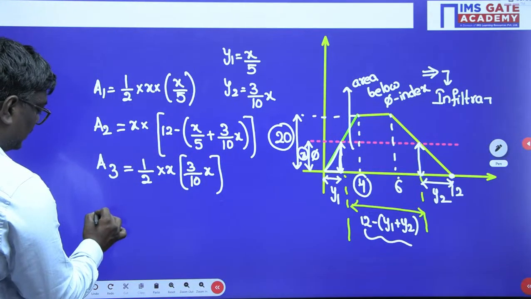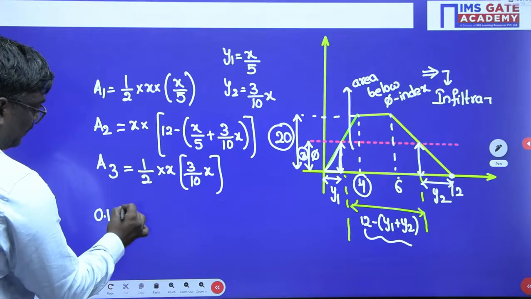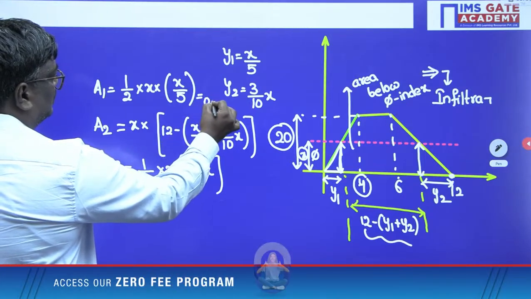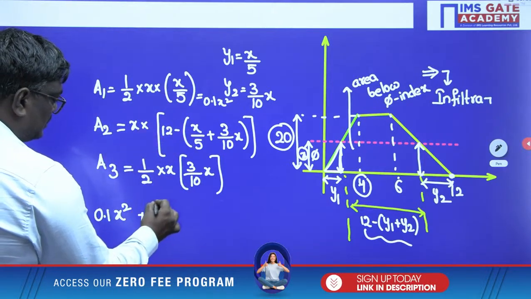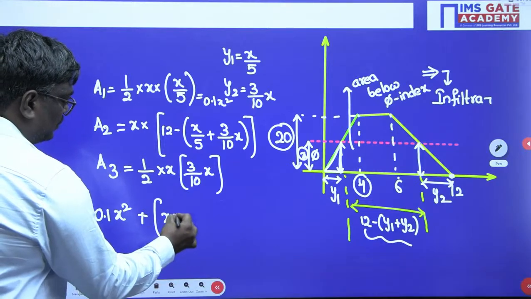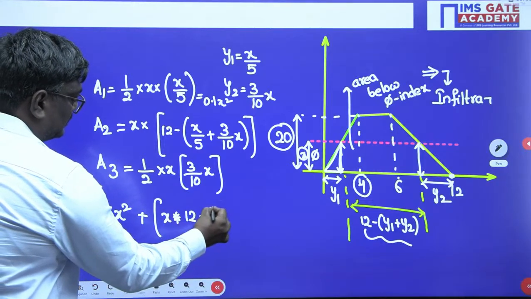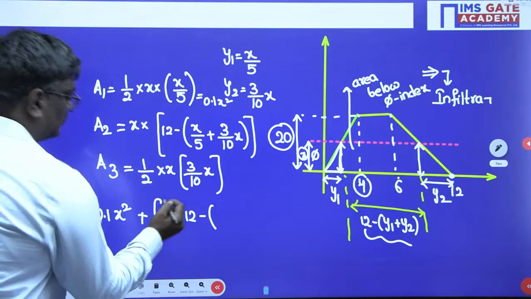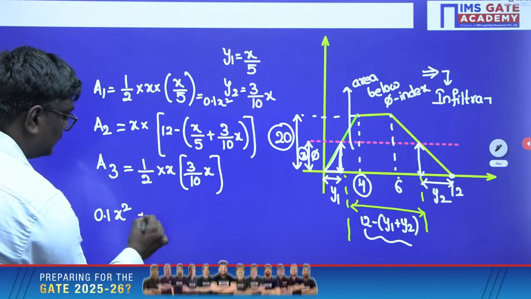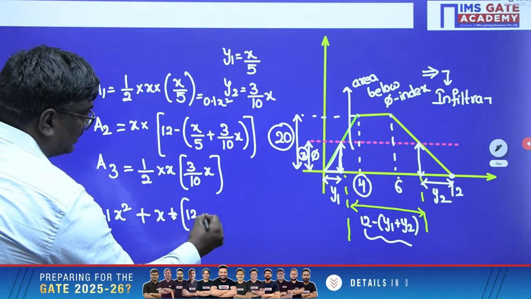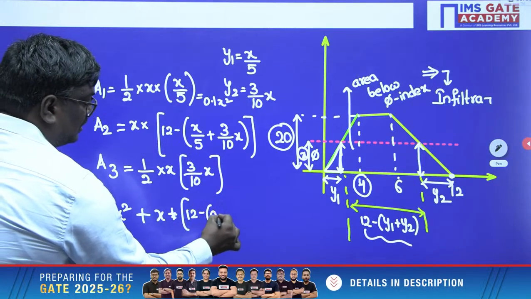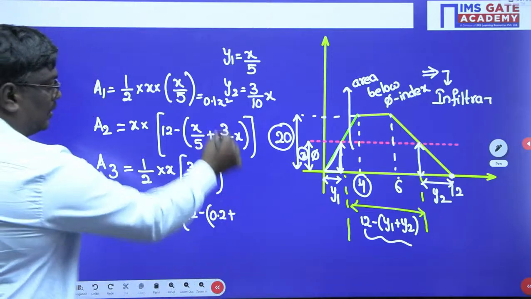First one, A1 is equal to how much? If you solve this, you will get 0.1x square, x square by 10. So here plus x into 12 minus, what is x by 5? It is 0.2x. What is 3 by 10?